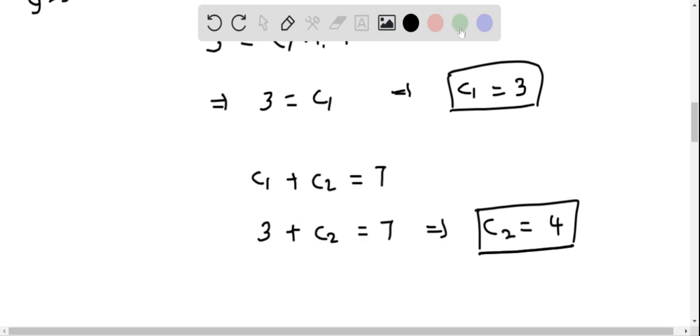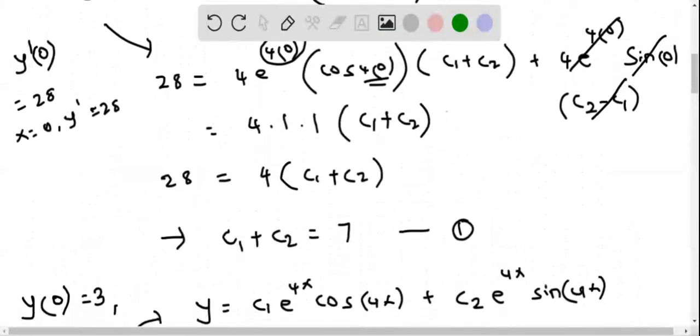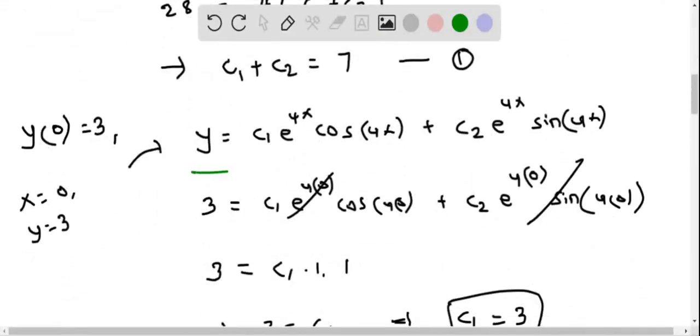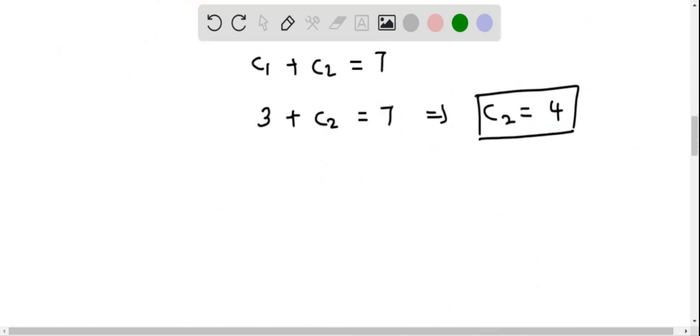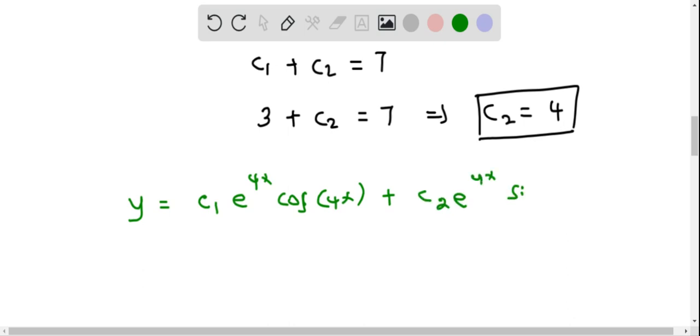And so now we can plug these values of constants c1 and c2 into the general solution equation to obtain the unique solution. So let's do that. We have the general solution equation, that is y equals c1 e^(4x) cos 4x plus c2 e^(4x) sin 4x.